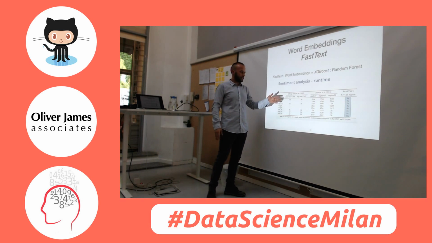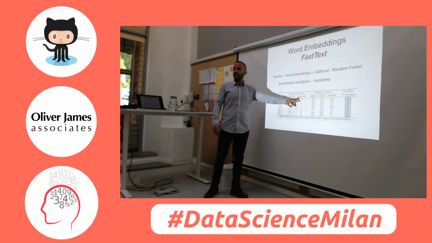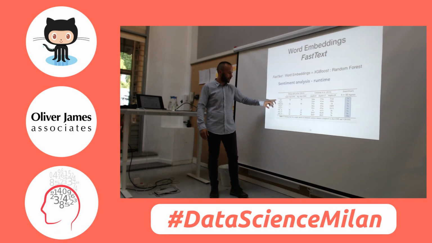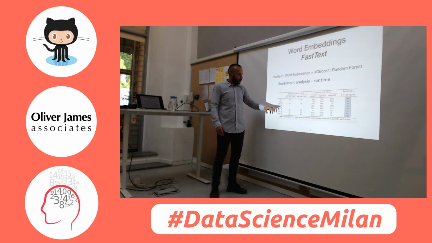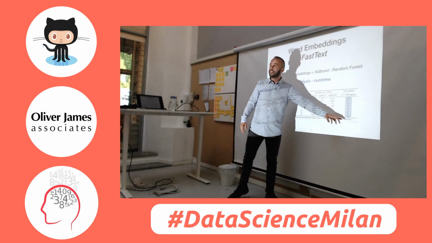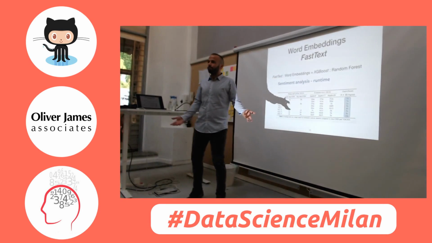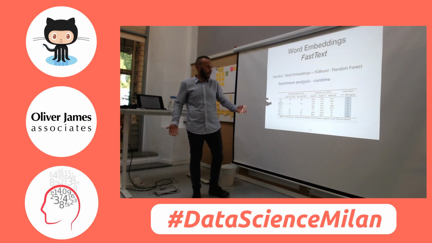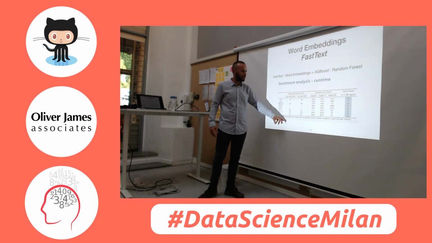And if we look at the time it took for these famous neural networks to train on these data sets, we're looking at possibly 2 days versus, this is fastText, 9 seconds. How can you beat that? And it's not only that, it's everything here.